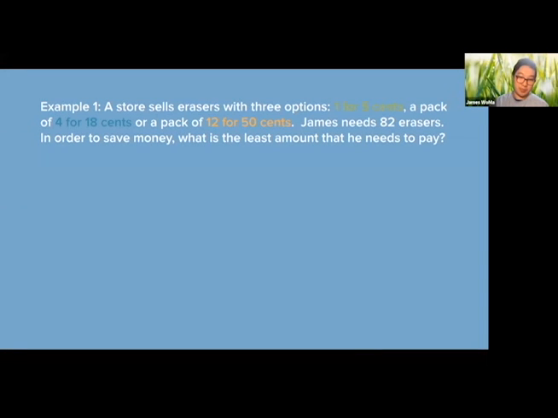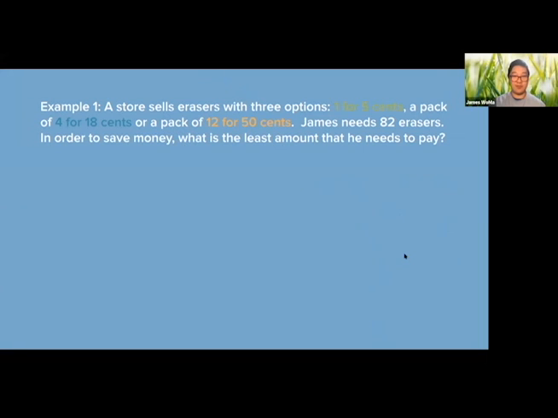So the first problem I have here, I'd like everyone to try this. It's a store sells erasers with 3 options: one for 5 cents, a pack of 4 for 18 cents, a pack of 12 for 50 cents. And James needs 82 erasers.